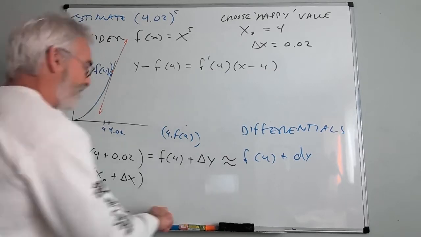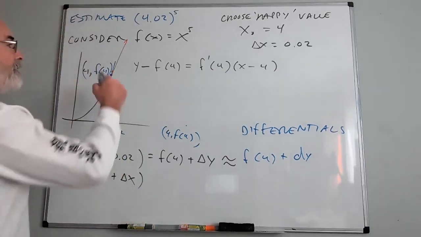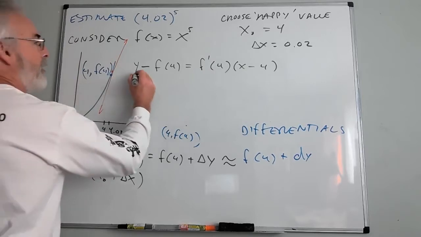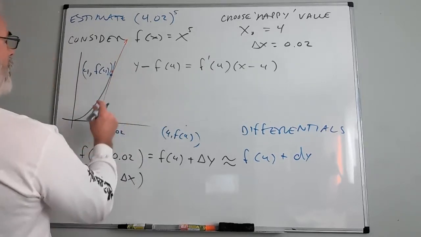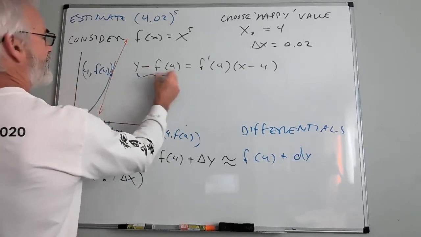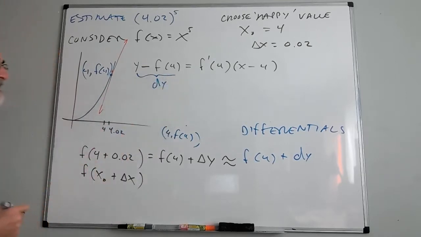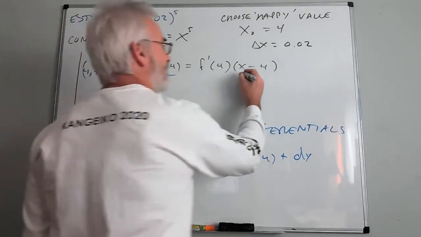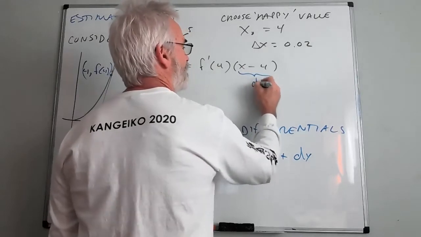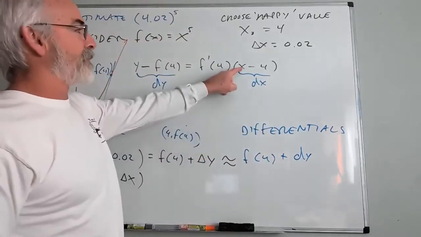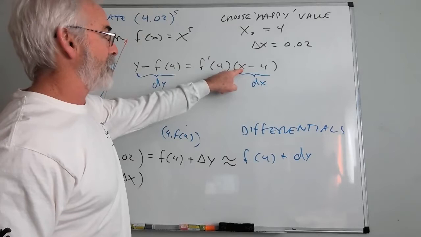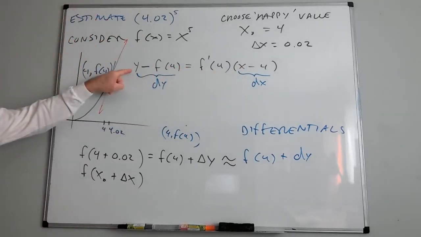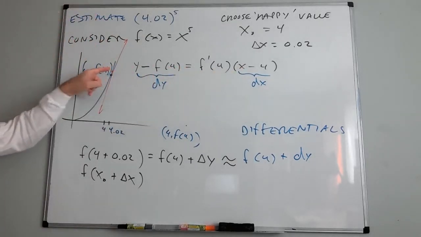Okay, this is the equation of the tangent line. Now, nice thing is, when I go to this point right here, y minus the y coordinate, wait a minute, y minus the y coordinate, that's dy. That's exactly what dy is. x minus the x coordinate, that is dx. Remember, we're going to put a 4.02 in for this at one point, and we're going to try to figure out what's the y value when x is 4.02.